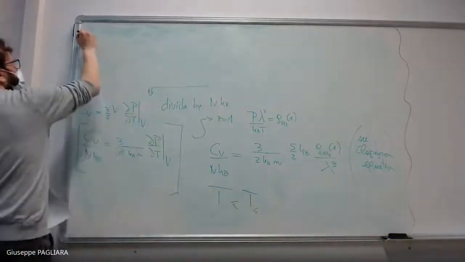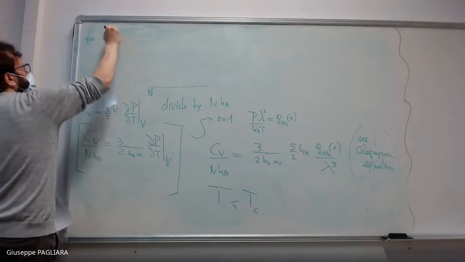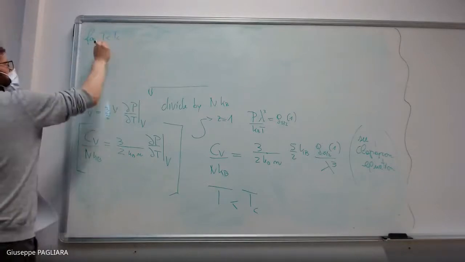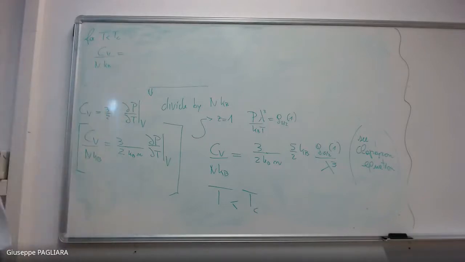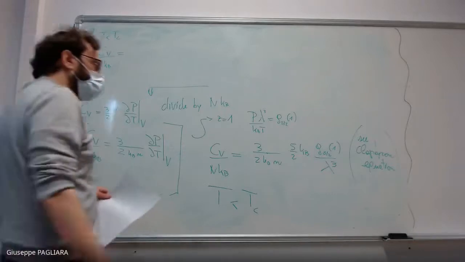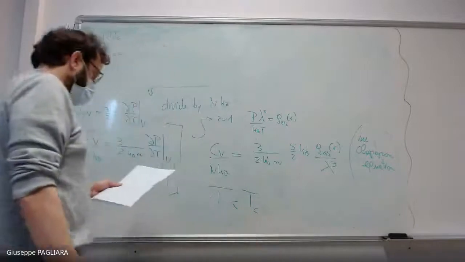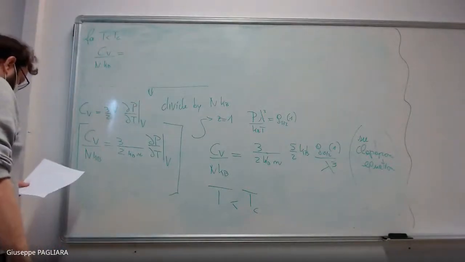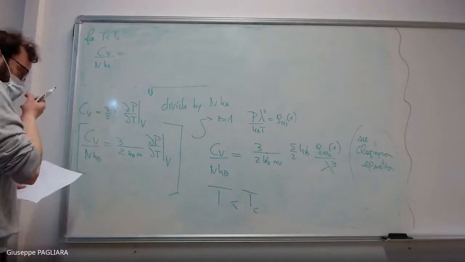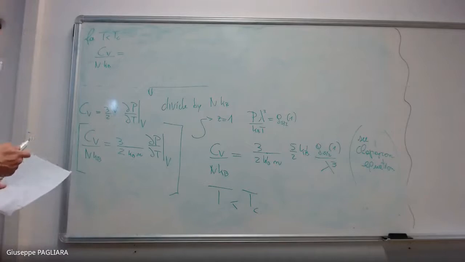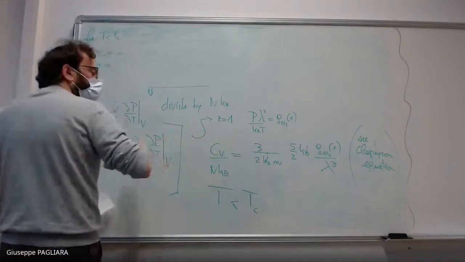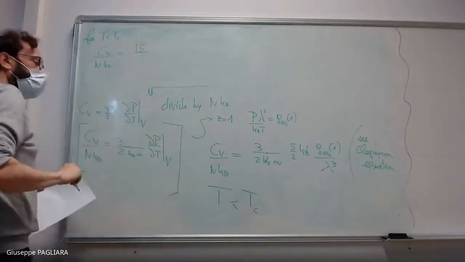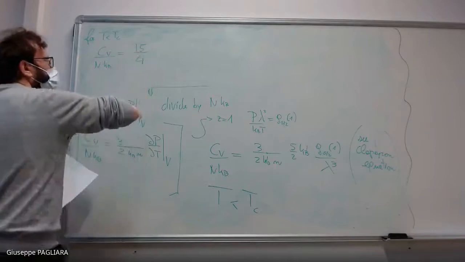So then for T smaller than Tc, the CV divided by the number of particles, the specific heat per particle, and divided also by kB, is equal now to 15/4, the kB drops, cancels.